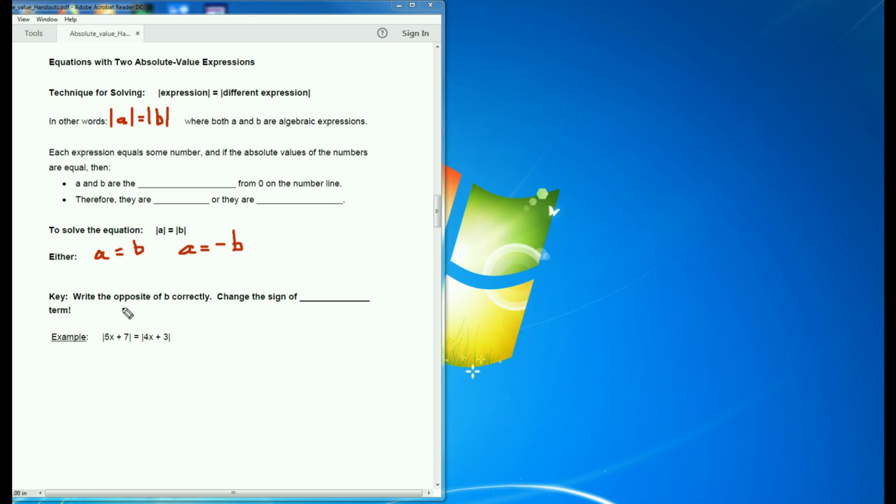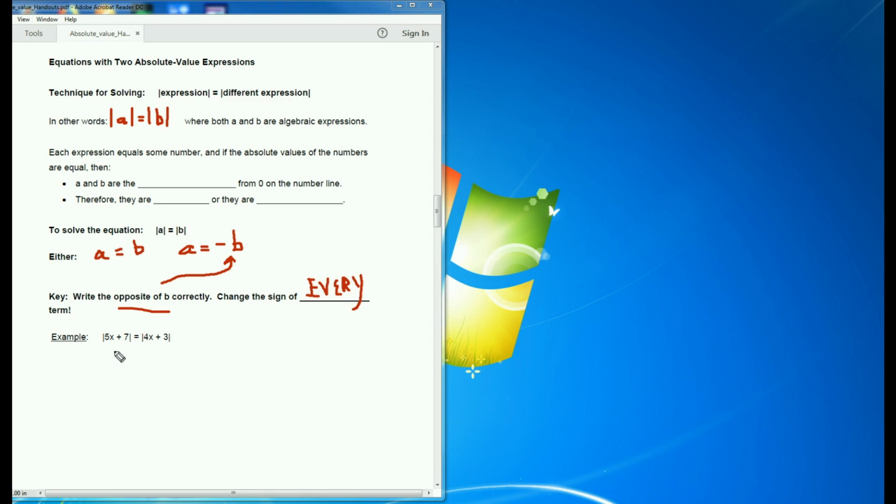The only tricky part is to write the opposite of B correctly. This part right here. You have to remember to change the sign of every term. It doesn't mean just put that minus sign out in front of the first term. You have to change the sign of every term.